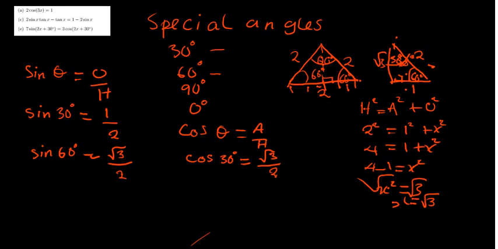Then taking cos 60 degrees, the adjacent is 1 and the hypotenuse is 2.